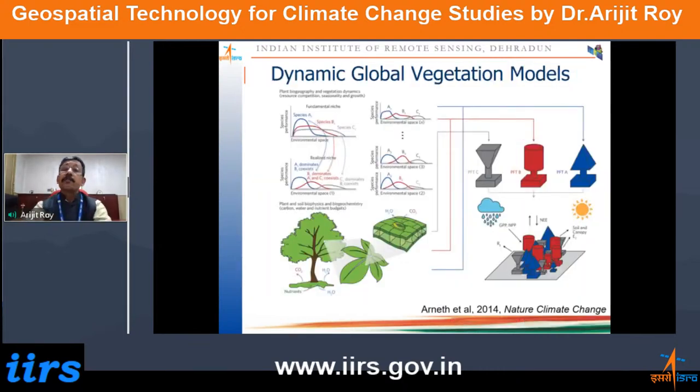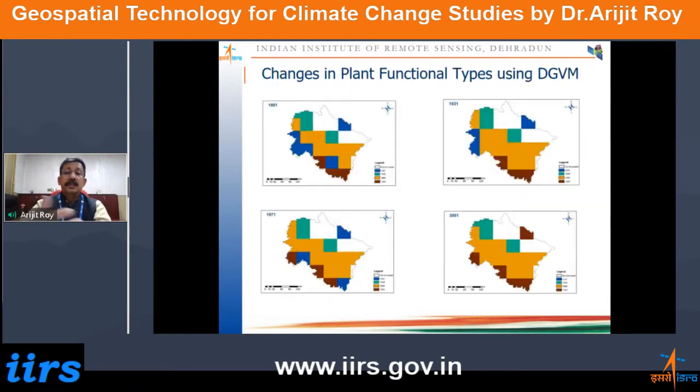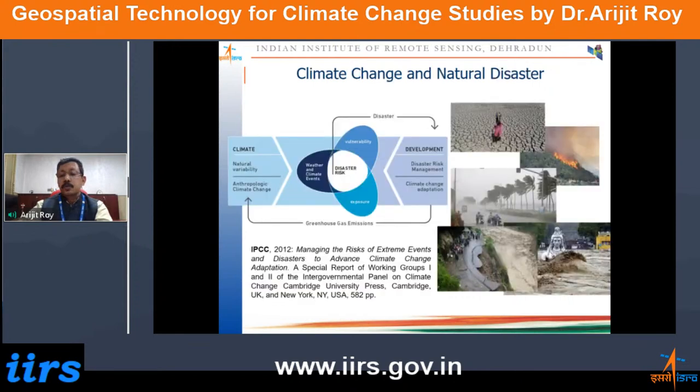A very important aspect is the dynamic global vegetation models, which are basically plant biogeography and vegetation dynamics models, and they provide information on the various vegetation types, their functioning, and their interaction with the climate, to provide important inputs to the various climate models. And this is how we improve upon these. That's how the plant functional types are changing in a particular area, and all this has been done using DGVM.